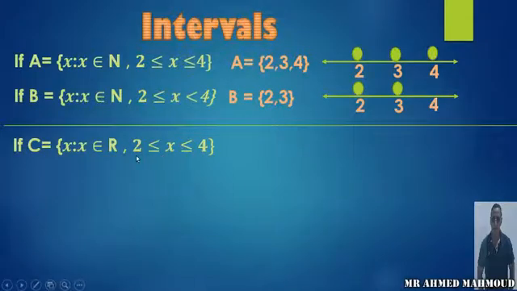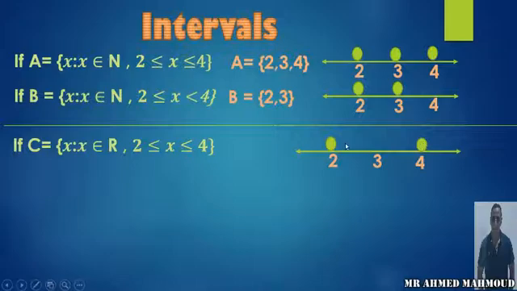That means if we need to represent all the real numbers from 2 to 4, I need to represent all the numbers between 2 and 4. It's impossible to write these numbers by the listing method inside a set. Then I'm going to represent this set on the number line like this. Plot 2 and a shaded circle above, and 4 and a shaded circle above here.